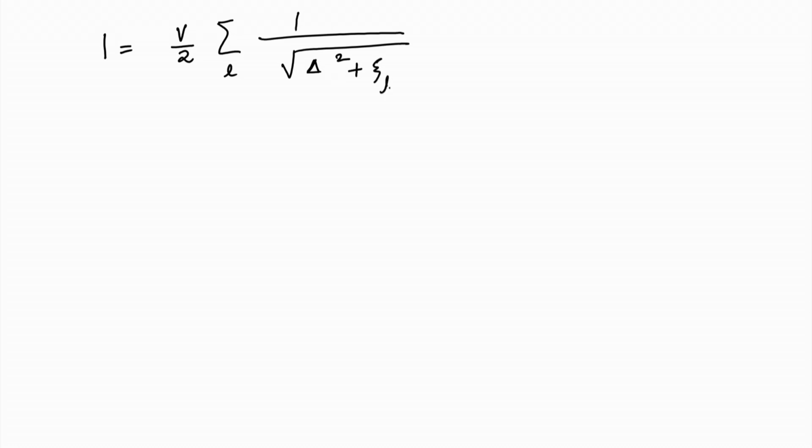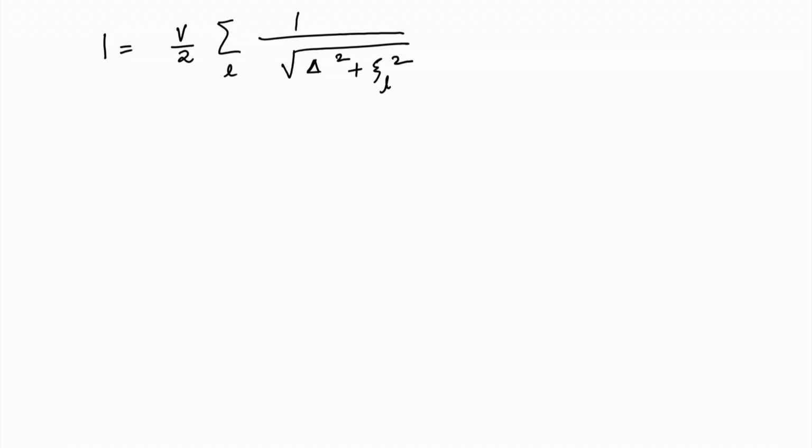This gives rise to an equation: 1 equal to V by 2 sum over L 1 over root of delta square plus xi L square. Now, this is the equation for delta.